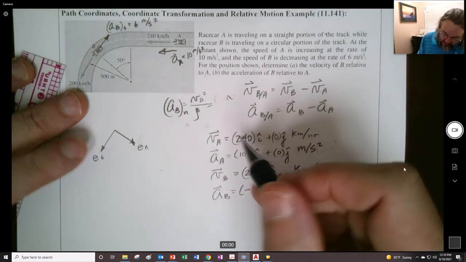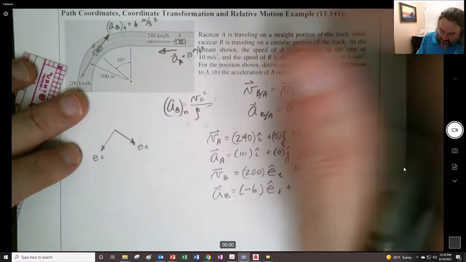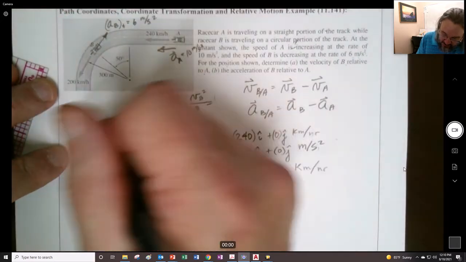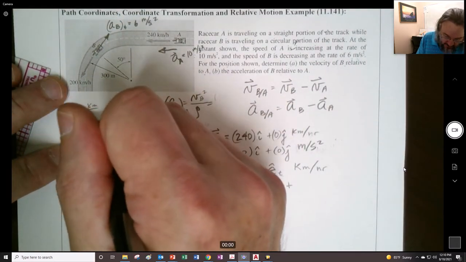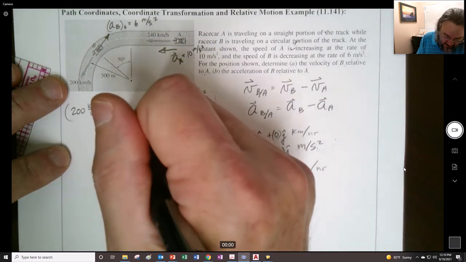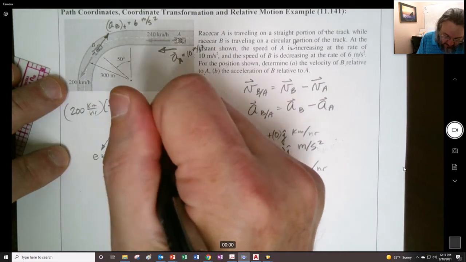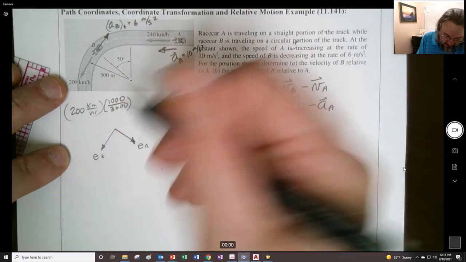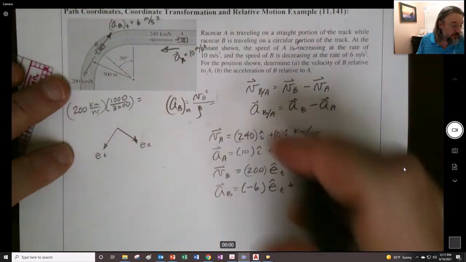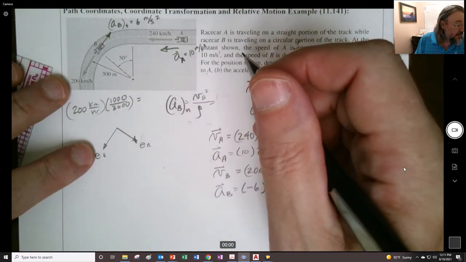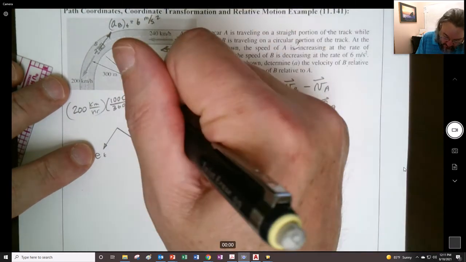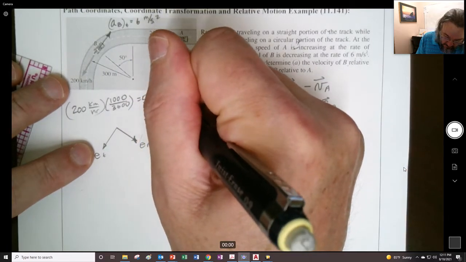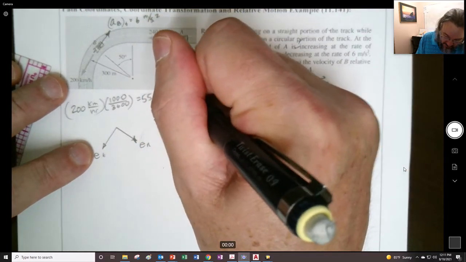Yeah, so we'll take 200 kilometers per hour. We times 1,000 and divide by 3,600, which will give us 55.56 meters per second.